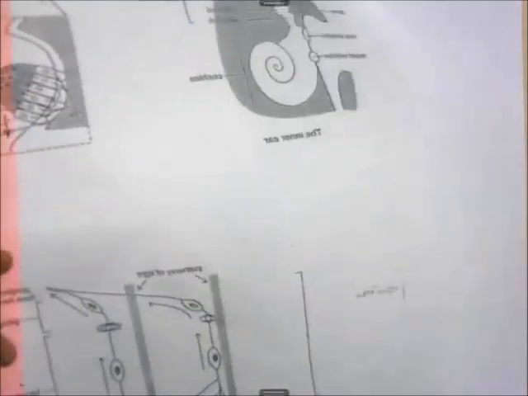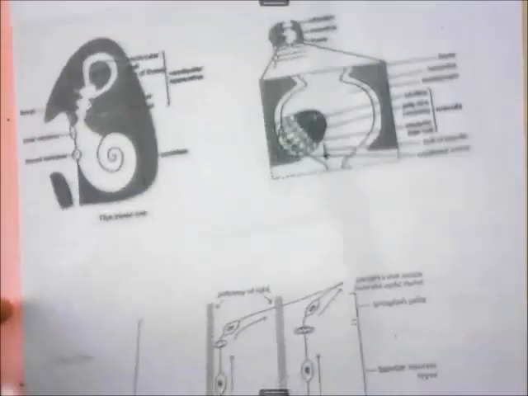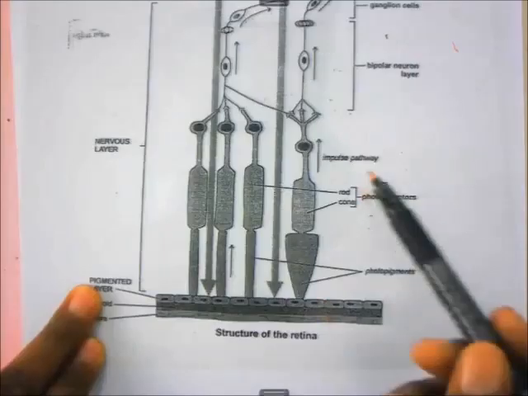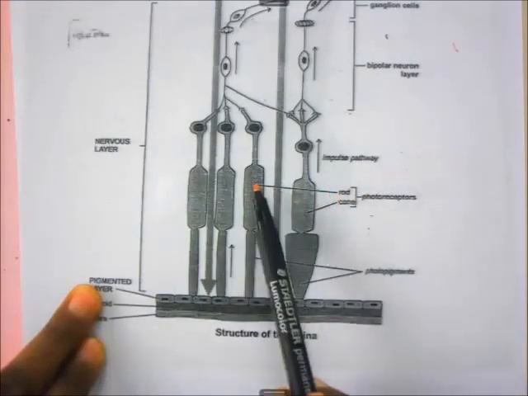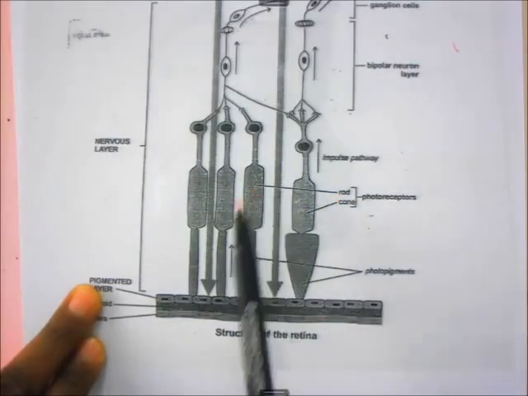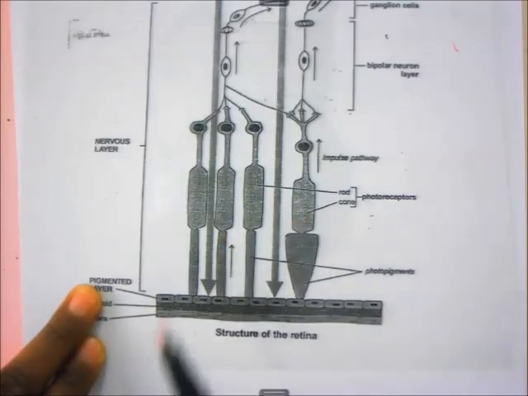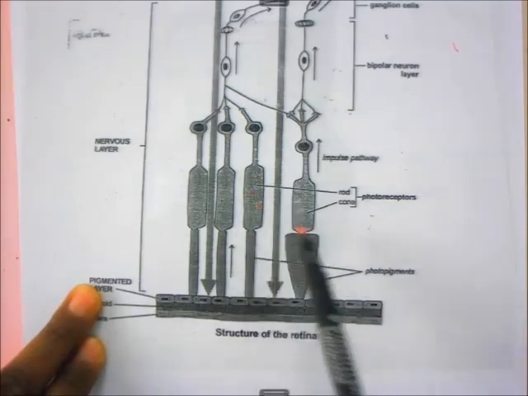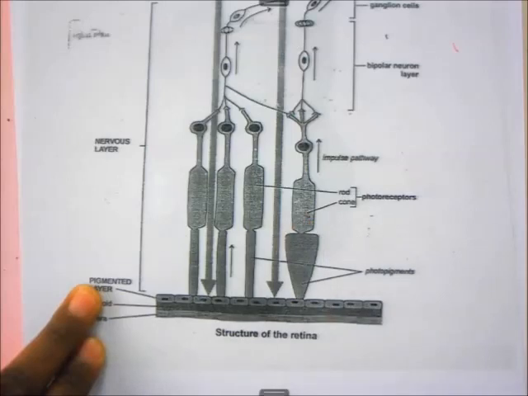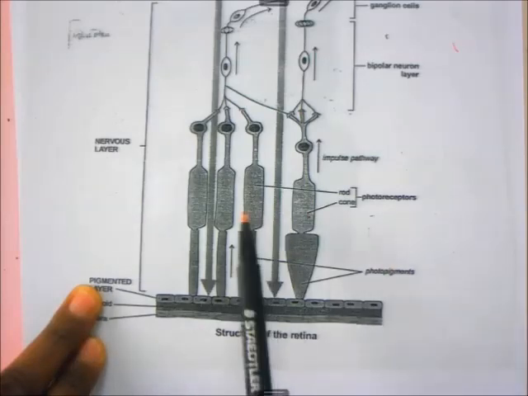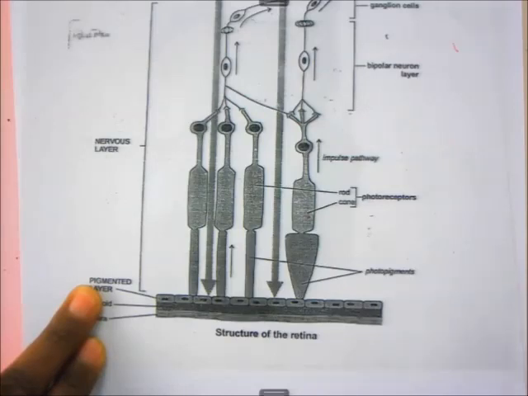The two receptors which are found in our eyes are the rods and the cones. So now the rods and the cones are referred to as the photoreceptors. This means that these receptors are stimulated by light.